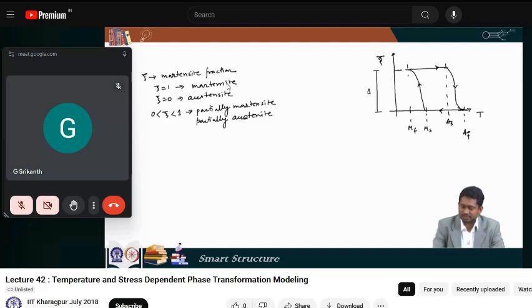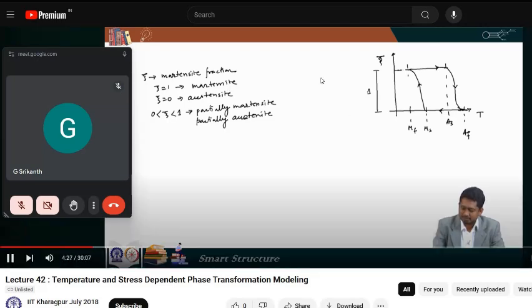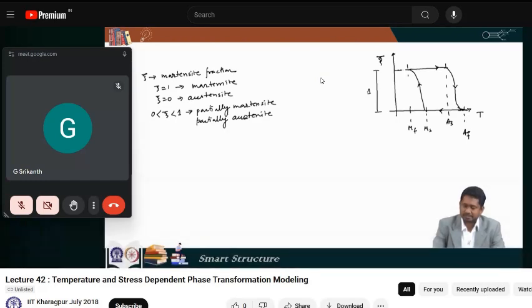There is no phase transformation. Now when it crosses MS, and if we further reduce the temperature, xi starts growing and gradually it becomes 1 when the temperature is MF. So from MS to MF there is a variation of xi, starting from 0 and becoming 1 when it reaches MF. If I further cool it down, it will maintain xi equal to 1, which means below MF the material is fully martensite.